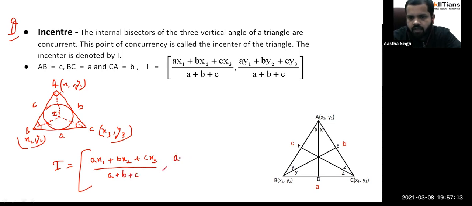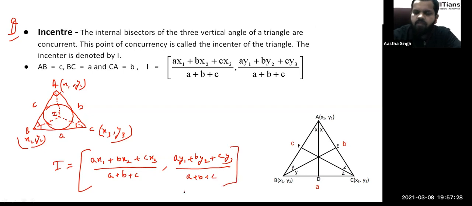And next is a y1 plus b y2 plus c y3 over a plus b plus c. This is your direct formula for the incenter, right? The incenter is basically the intersection point of your angle bisectors, right? So this is what the incenter is.